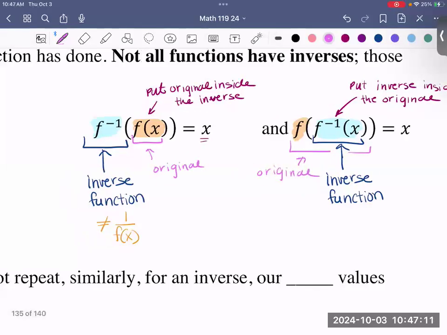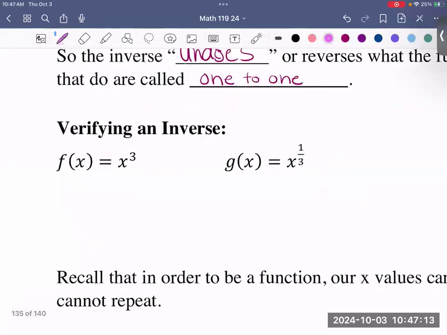So if we wanted to verify that these two perhaps are inverses, let's call this one, instead of g of x, your inverse, f inverse of x. To prove that it is an inverse, we're going to plug g of x into my original function.